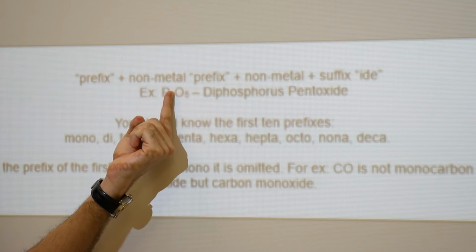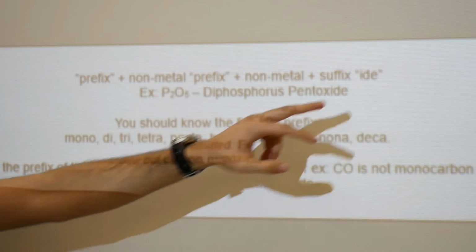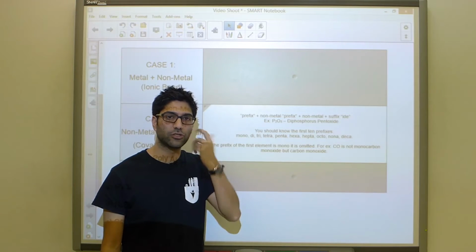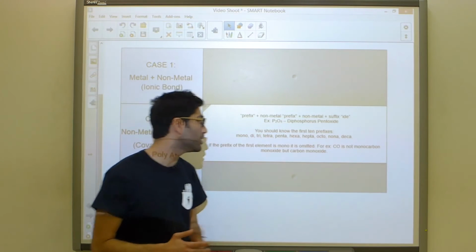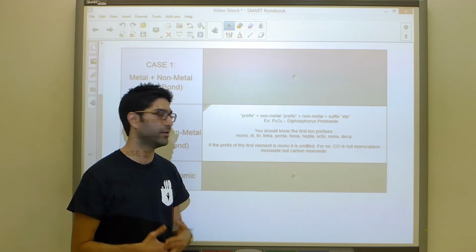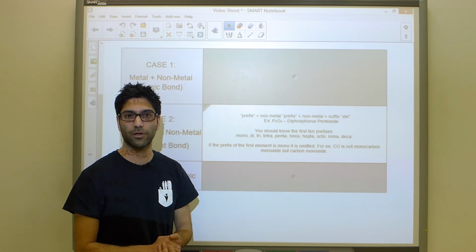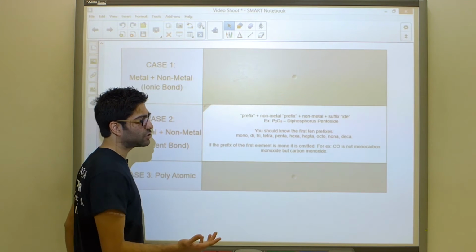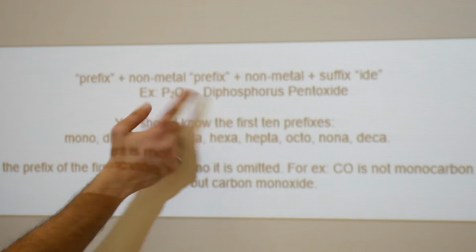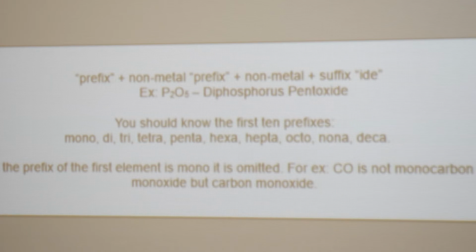Penta, oxygen. But to oxygen, you have to slap on that suffix "-ide" until it basically sounds good to your ear. So if it was oxygen, it would be oxide, or carbide, or sulfide, or fluoride, chloride, and so on and so forth. So that's essentially it. Diphosphorus, not pentoxygen, but pentoxide. And that's how you name two nonmetals.